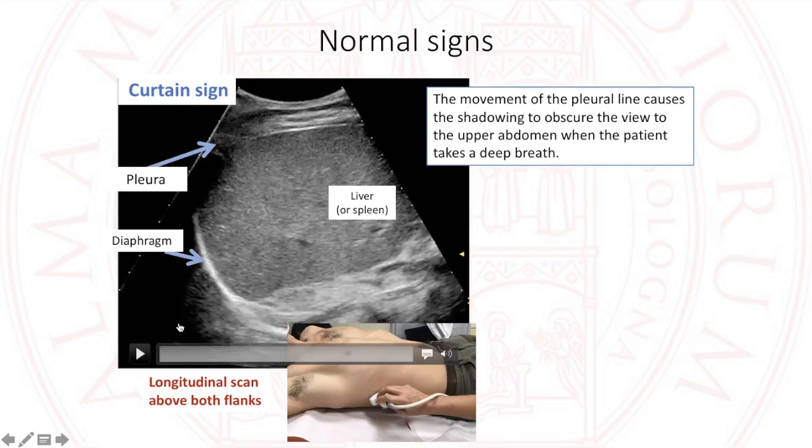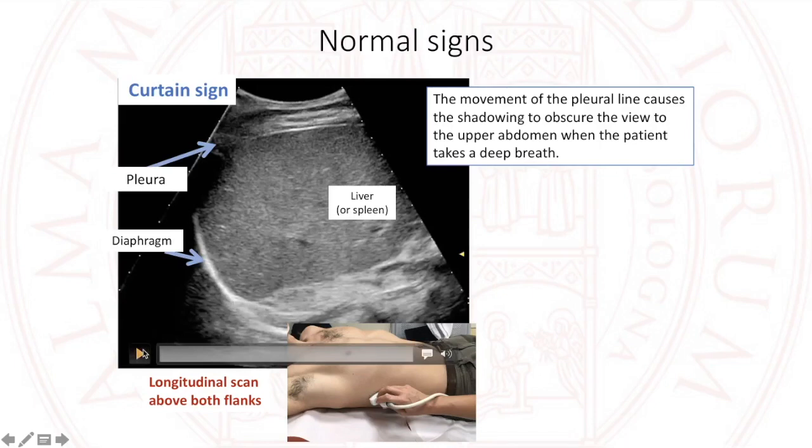Since we do not see these tissues going towards the chest, that means that this black area here is just an artifact. It is made again by the reflection of sound waves from the air which is under the diaphragm back to the probe. So this is not a pleural effusion. In pleural effusions, we would see the spine going here.